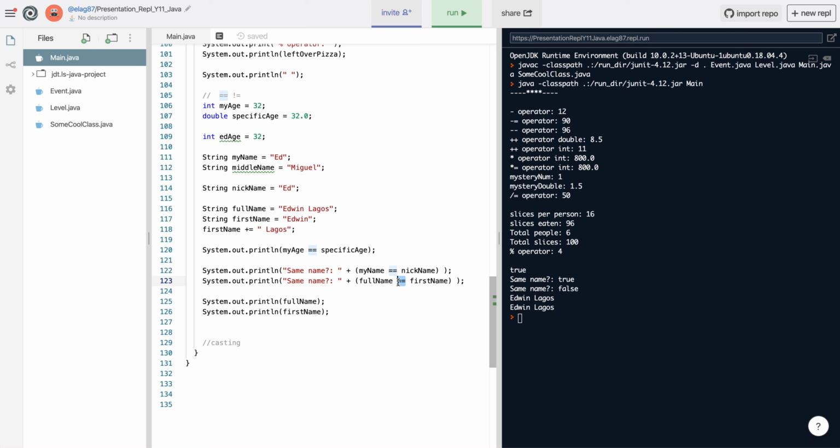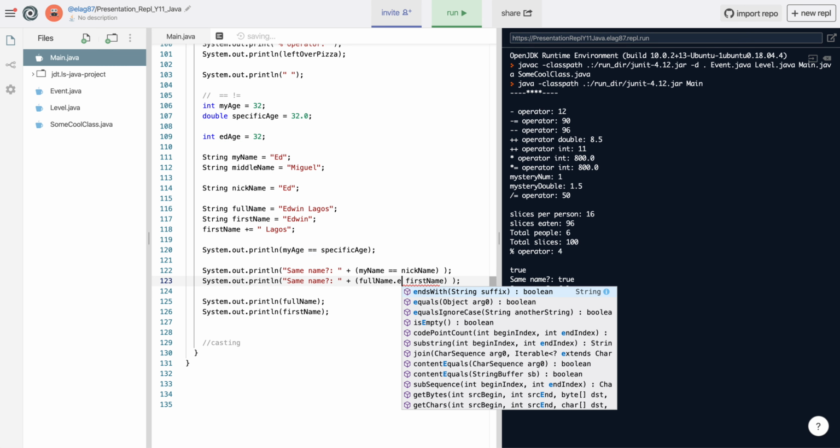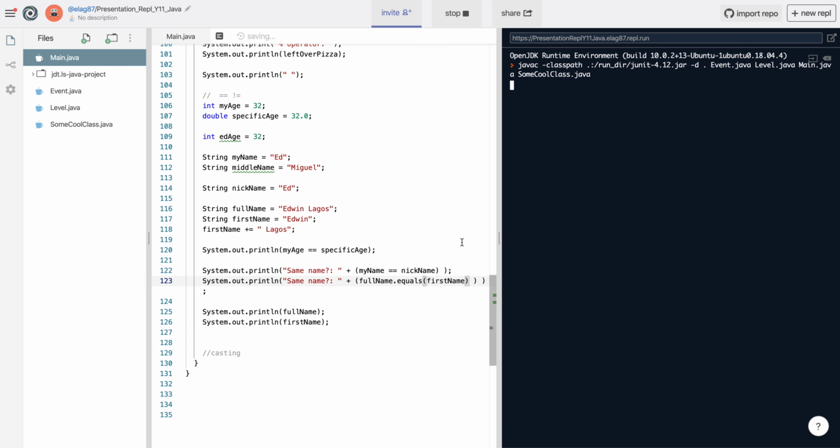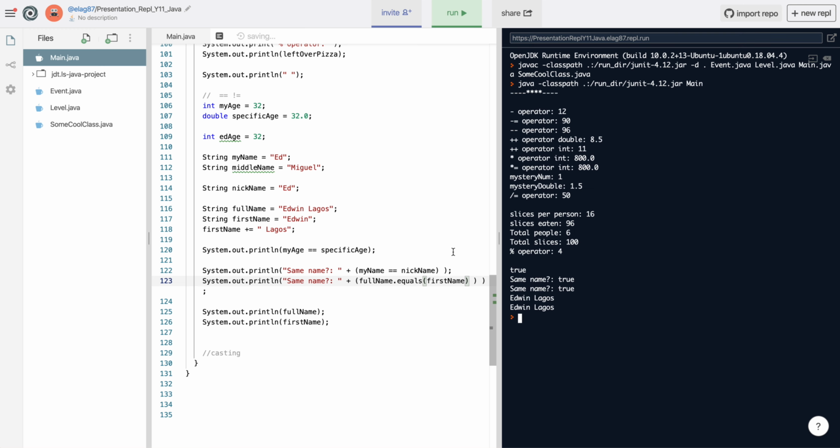It's important to know that equals equals doesn't work as expected with strings. In Java, you have to use dot equals. So you do first name dot equals full name. And in this case, I would get what I'm expecting. Now, both of them are true.